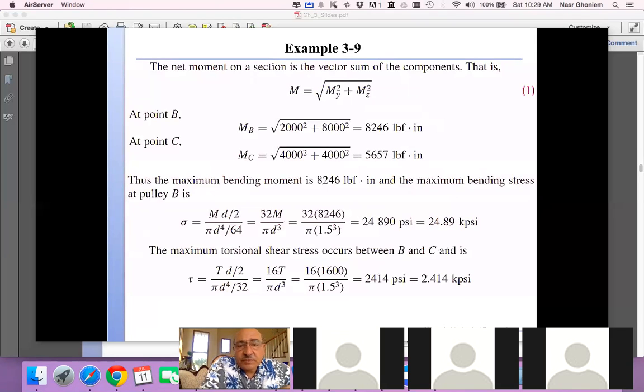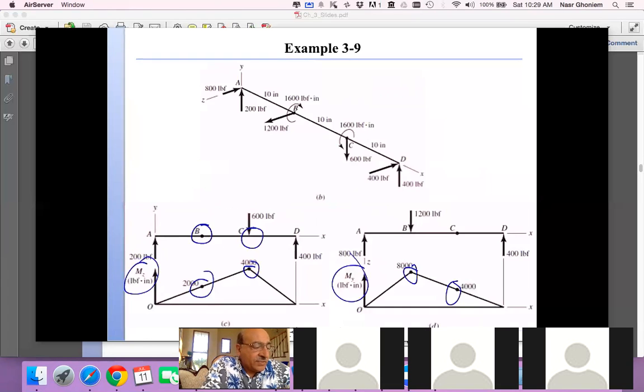So in this case, if you look here, because it's a round cross-section shaft, it makes it easier, so we use vectors.